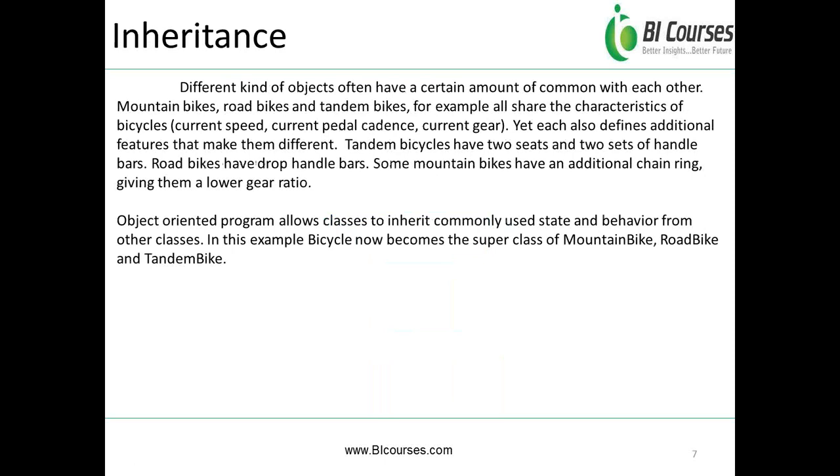Next concept is inheritance. Different kinds of objects often have a certain amount in common with each other. Mountain bikes, road bikes, and tandem bikes, for example, all share the characteristics of a bicycle.